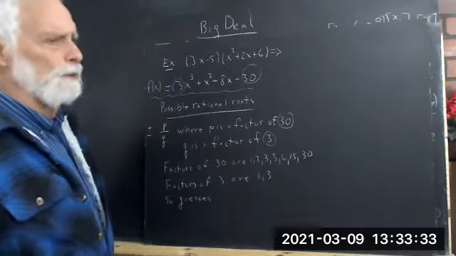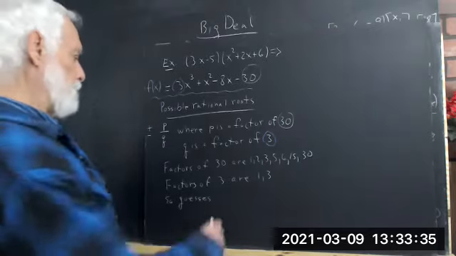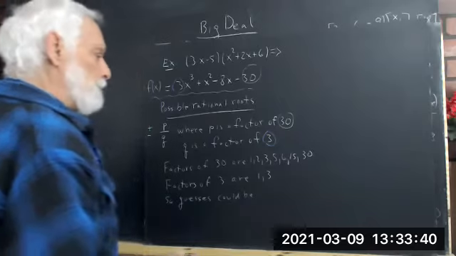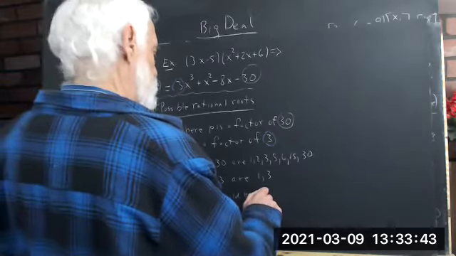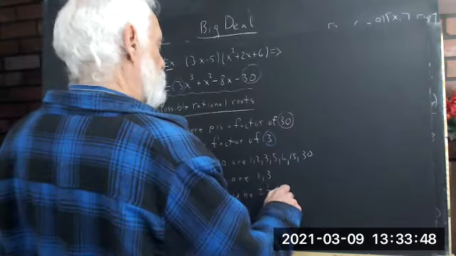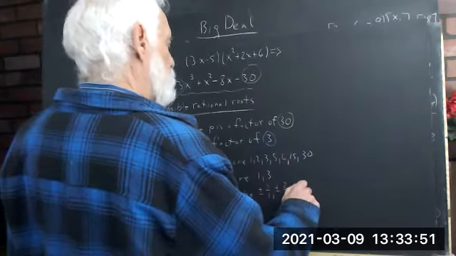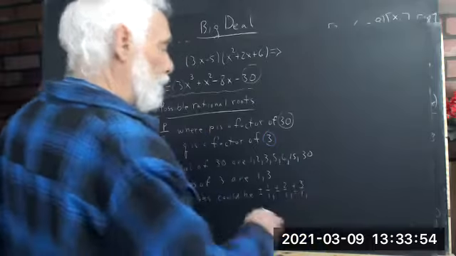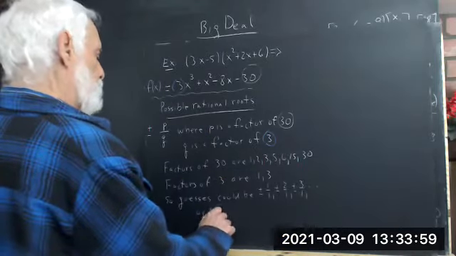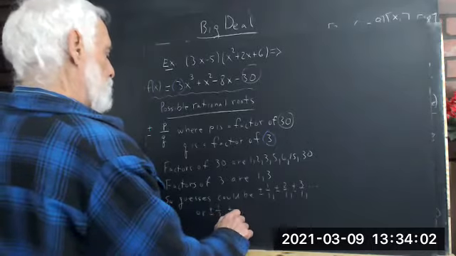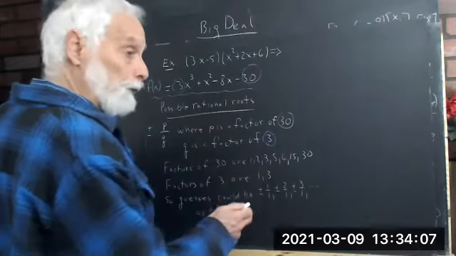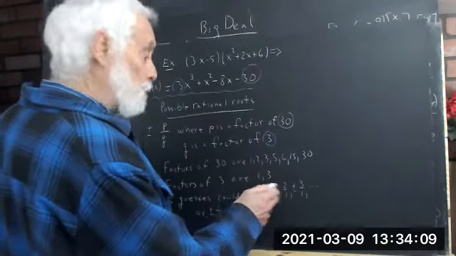So guesses, and they aren't really necessarily guesses, they're kind of informed guesses. Could be plus or minus 1 over 1, plus or minus 2 over 1, plus or minus 3 over 1, and so forth. All these over 1. Well, plus or minus 1/3, plus or minus 2/3. We could do plus or minus 3/3, but that would just be plus or minus 1.